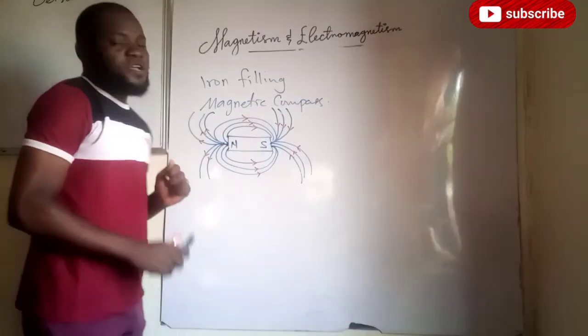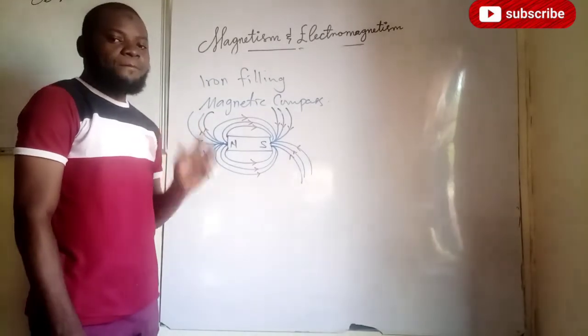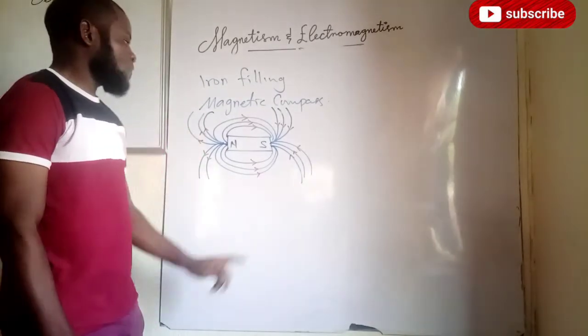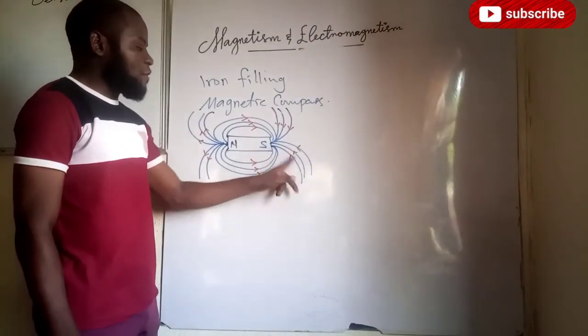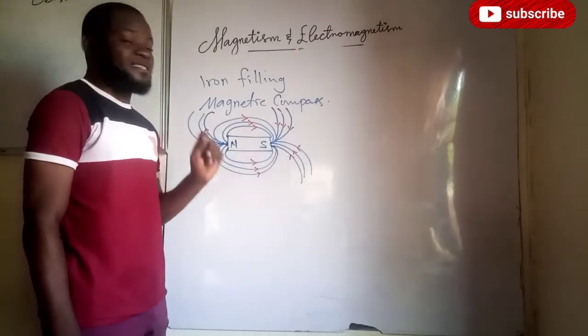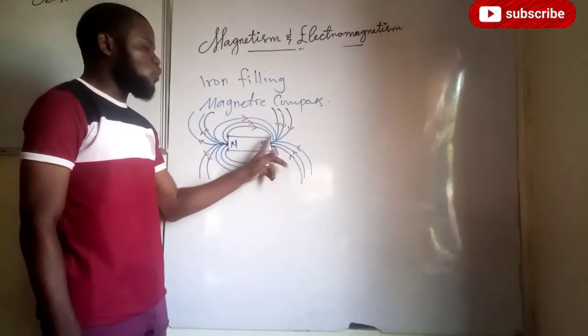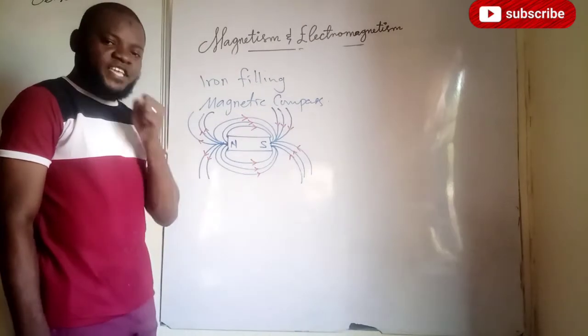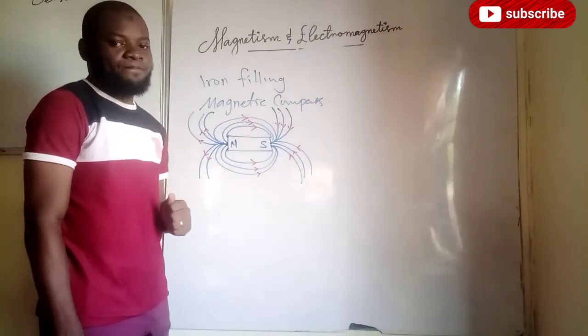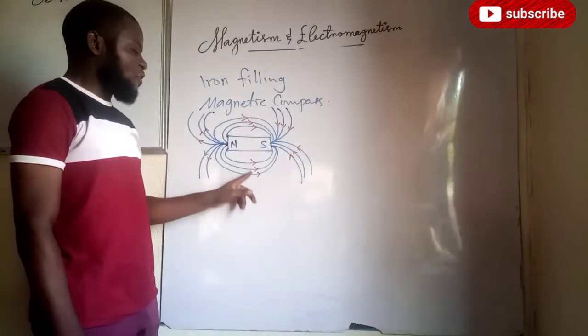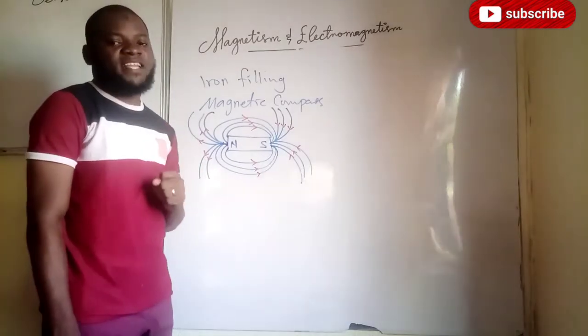Now, let me quickly use this to explain the magnetic field strength. Anywhere you see the lines of force cluster like this, that is where you have them closer to each other, we have a strong magnetic field there. And when you have them far from each other, we have a weak magnetic field.